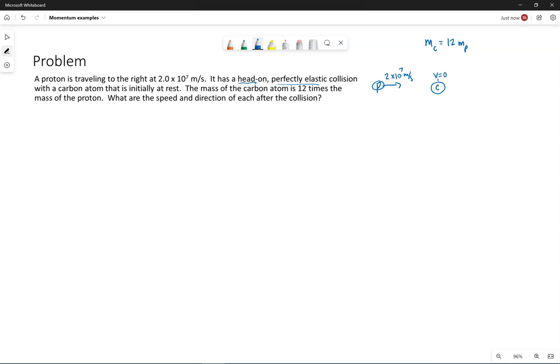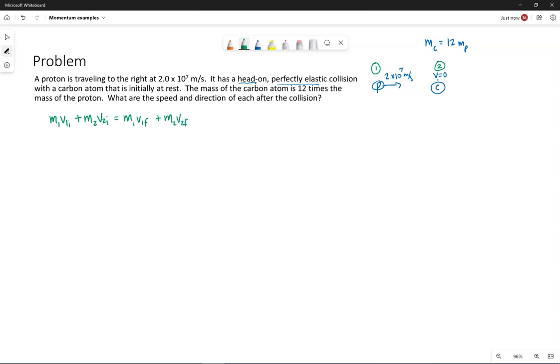All right, so in a collision, momentum is conserved. Our system includes the proton and the carbon atom, the two objects involved in the collision. We can say that M1 V1 initial plus M2 V2 initial needs to equal M1 V1 final plus M2 V2 final.